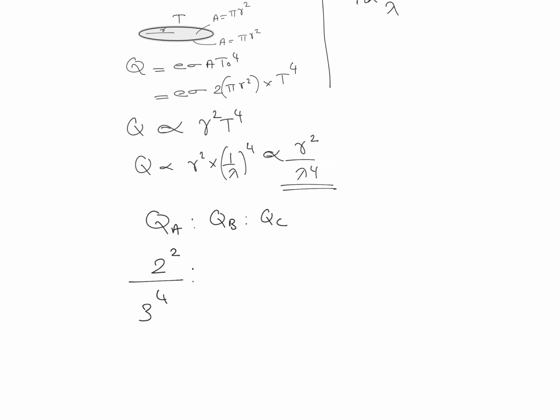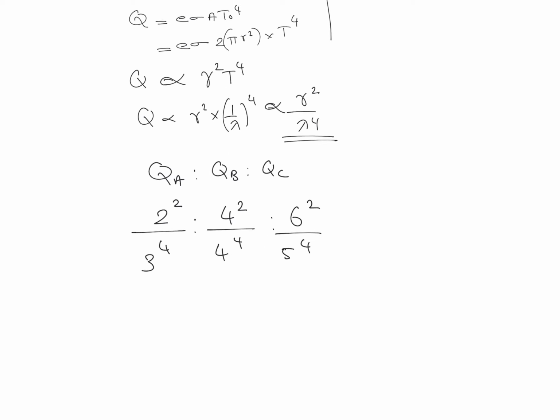For the second situation, the radius is 4, so it's 4 square divided by the wavelength 400, so 4 raised to 4. In the third situation, it is 6 square divided by the wavelength 500, so 5 raised to 4. They will be in this ratio.